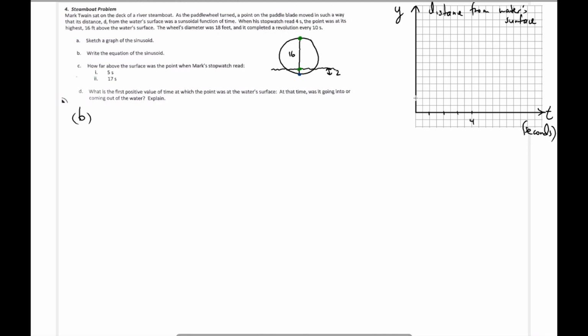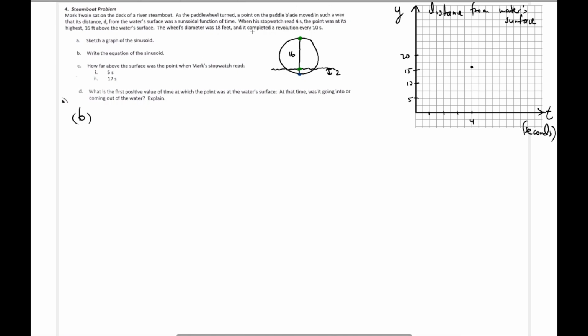So we can label this as 5, 10, 15, 20. We're not going to need that much, but basically where the time reads 4 seconds, the distance from the water surface will be 16, and that's going to be the maximum. That's 17.5, so 16 I would say is right there. So that's the maximum point.